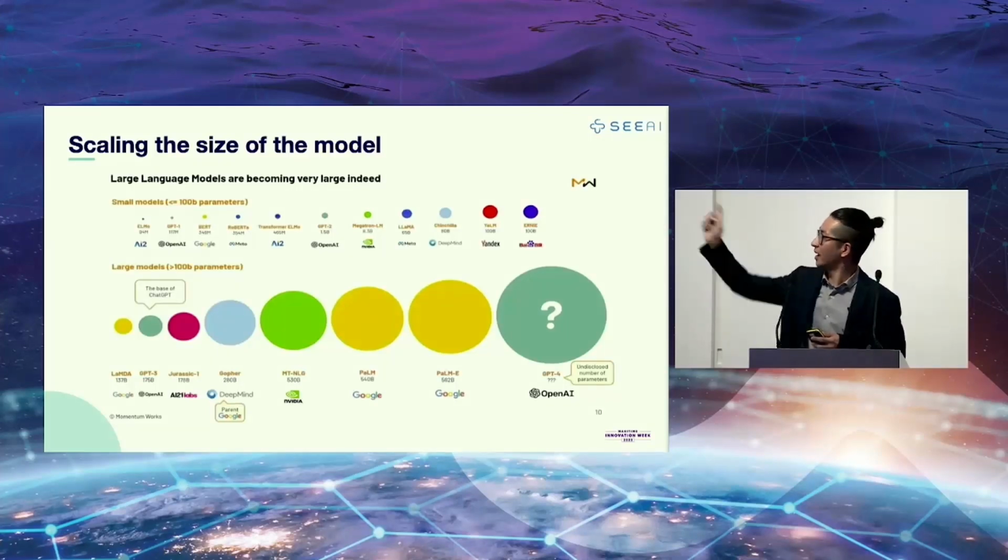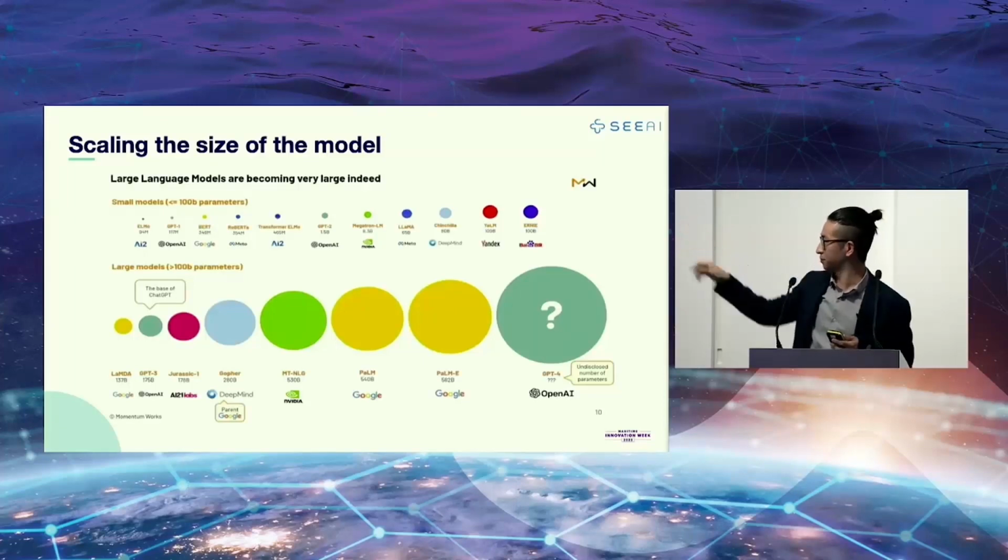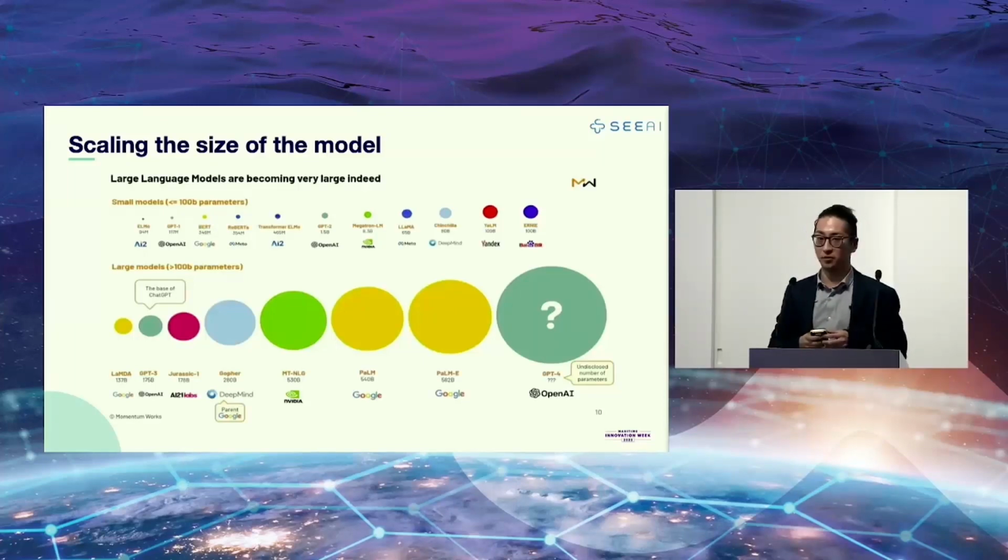You can see that tiny dot on the top left corner is GPT-1. And since then, it's been to GPT-2, GPT-3 is the bottom left with 175 billion. And their best model, GPT-4, is that huge circle on the bottom right. So you can see that they're really increasing the size of the model.